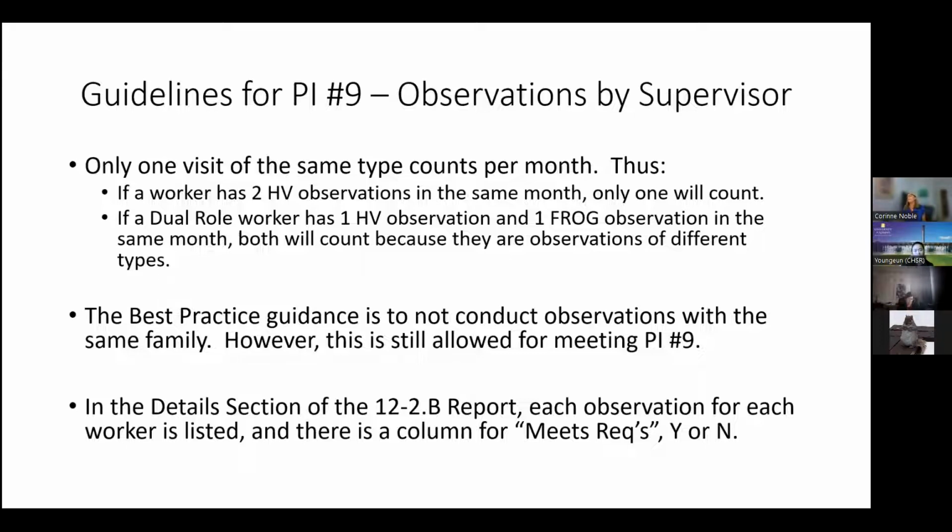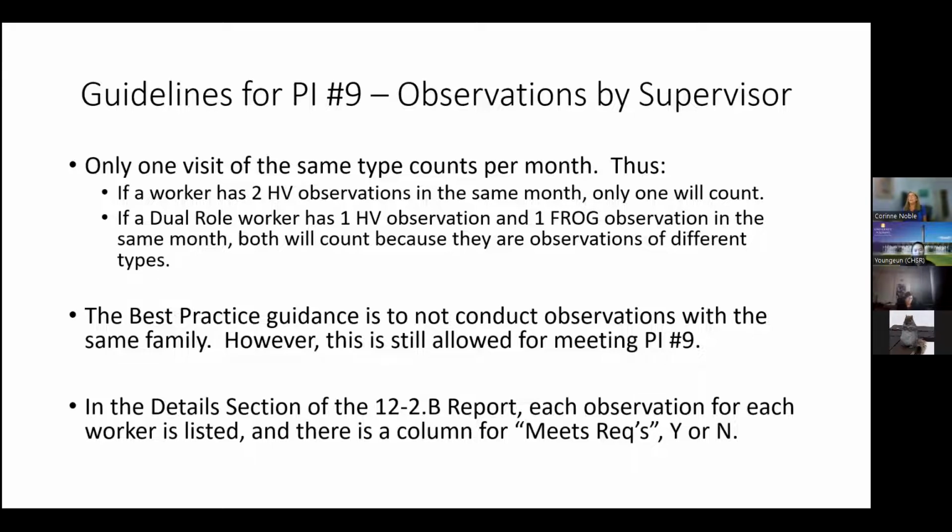If you have a dual role worker and they're doing two different types of observation, a home visit and an assessment, those can happen in the same month because they are different types of observation.